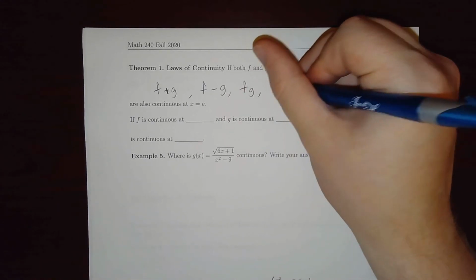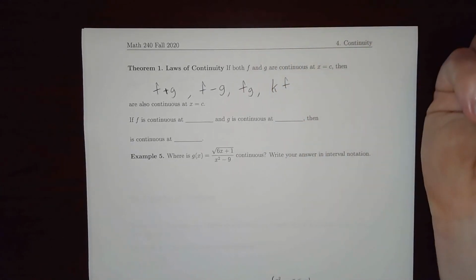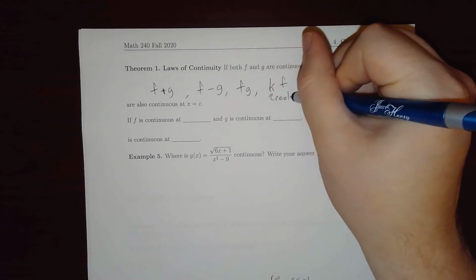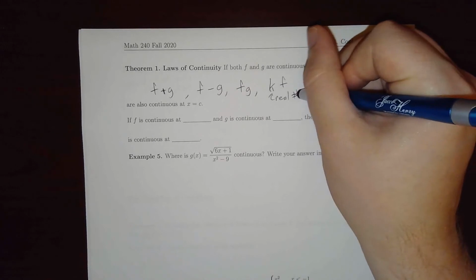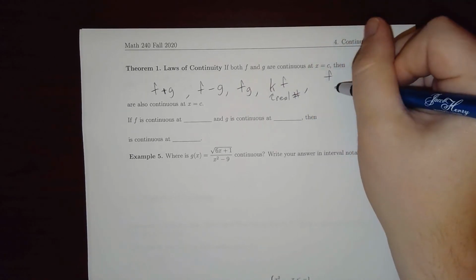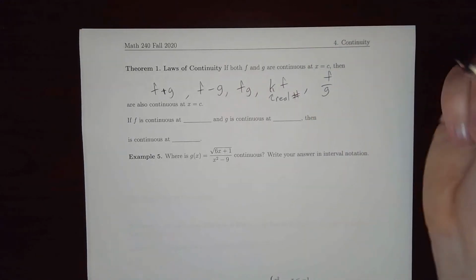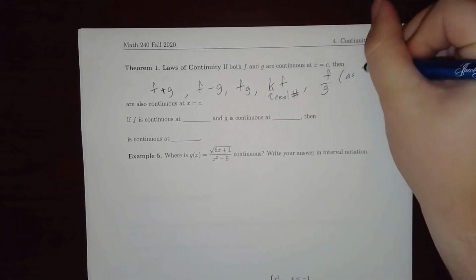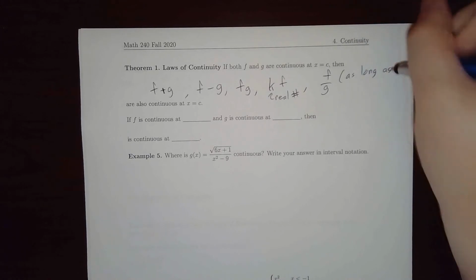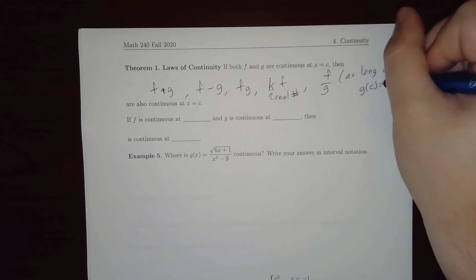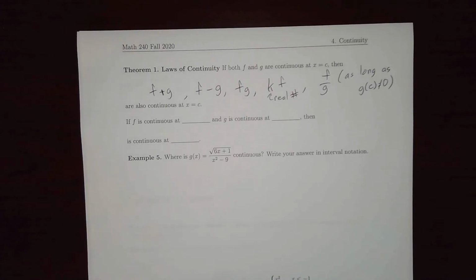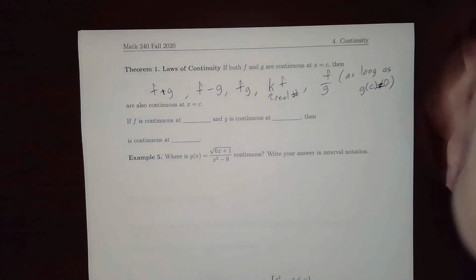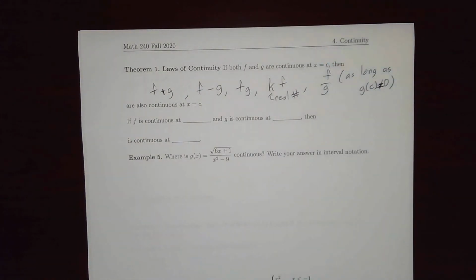If we take either of the functions and multiply it by a real number, it'll still be continuous at x equals c. And if we divide one by the other, it'll be continuous at x equals c as long as g of c is not equal to 0. So we still can't divide by 0, but otherwise we'll get those continuities.